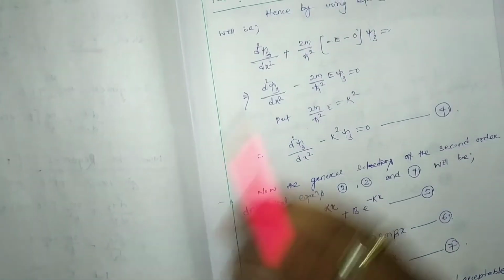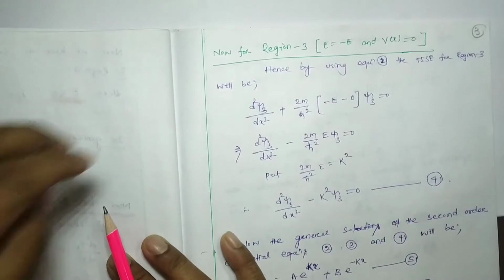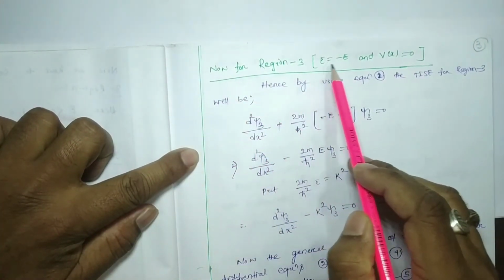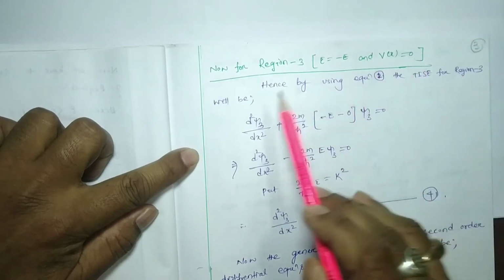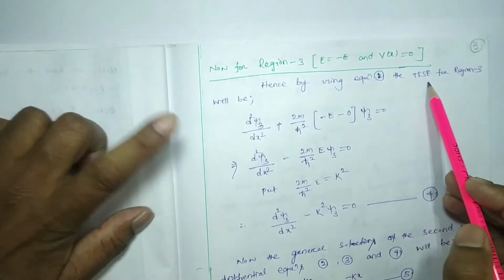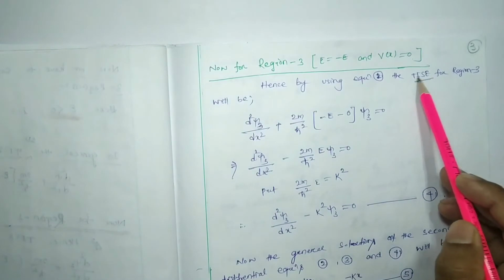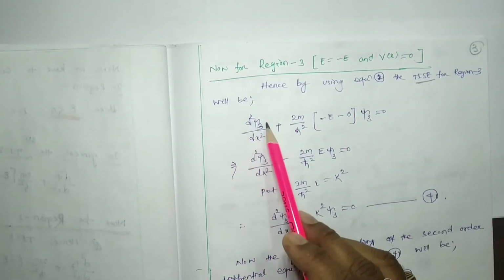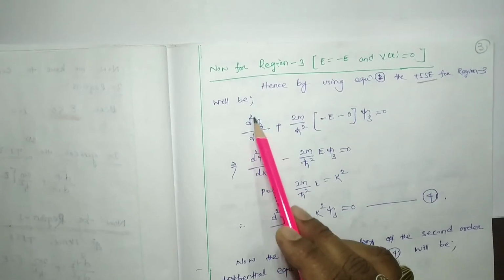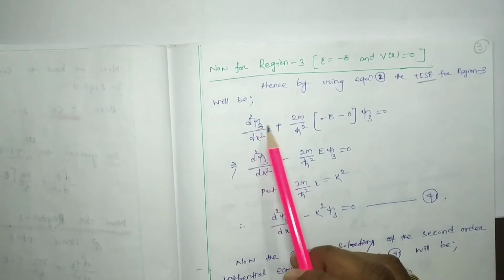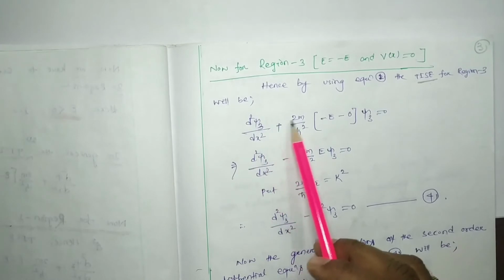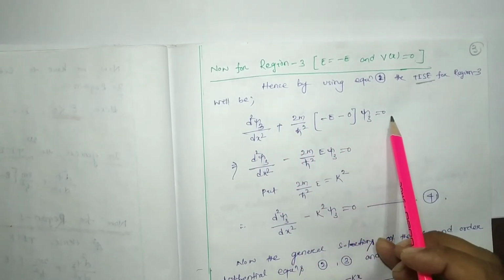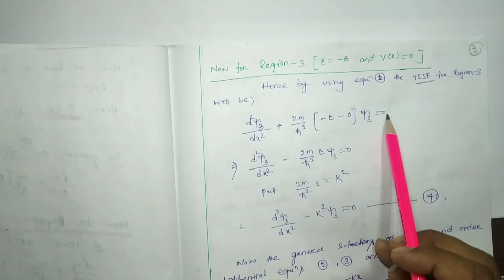Similarly for region 3 we can write the time independent Schrodinger equation. For region 3, E equal to minus E and Vx equal to 0. Hence, using equation number 1, the time independent Schrodinger equation for region 3 will be d square psi 3 by dx square, where psi 3 is the wave function of the particle in region 3, plus 2m by h cross square (minus E minus 0) psi 3 equal to 0.